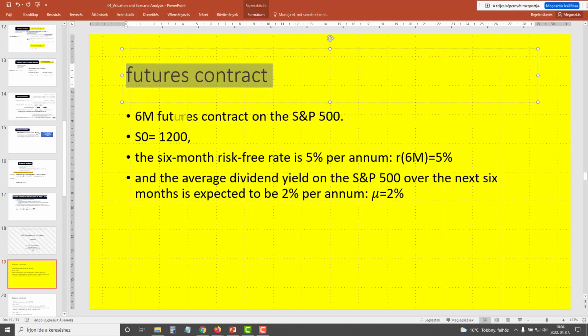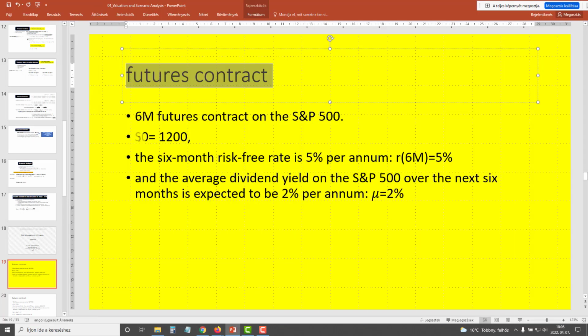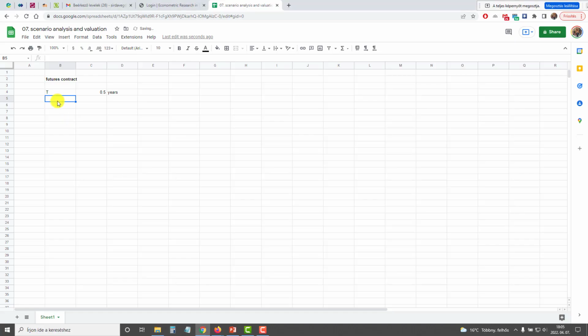Okay, we have a futures contract here for half a year, so let's say that T is 0.5 years. Then also we have the spot price S0.